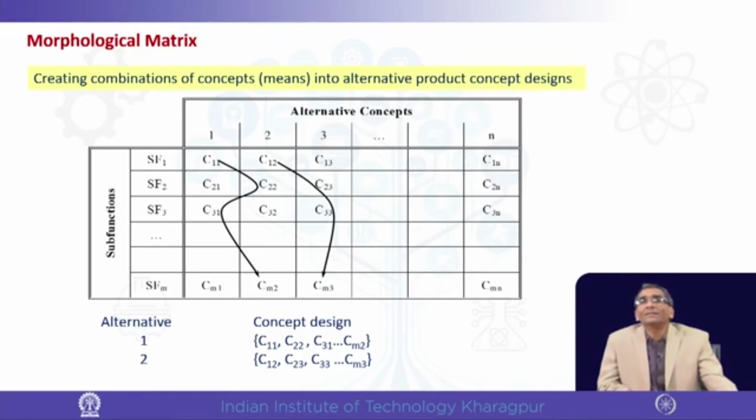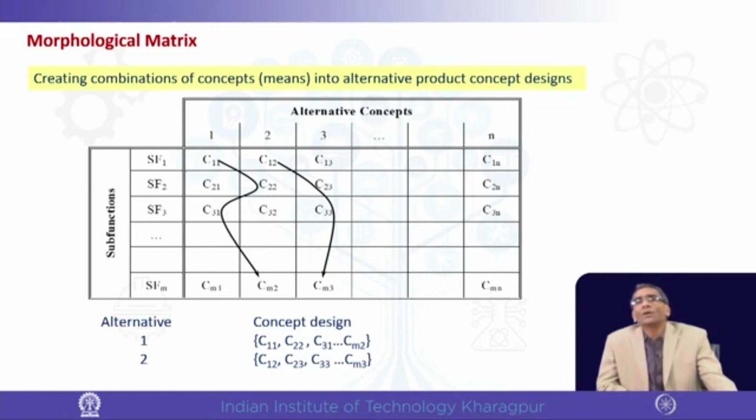Now, if we put those C11, C12, C13 in that matrix, we see the sub functions on the rows SF1, SF2 and so on to SFM, and alternative concepts or means as we call them 1, 2, 3, 4 up till n. So, it is an m by n matrix that we can see.